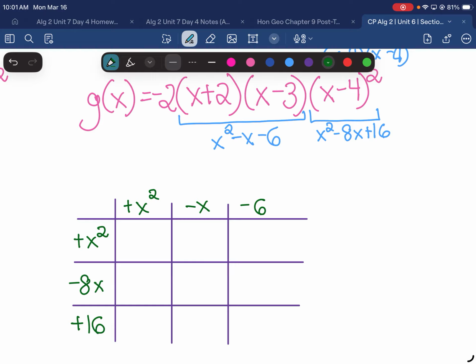You don't have to use the rectangle, but with a trinomial times a trinomial, it might be a better way for you to organize your thoughts. So remember, we're just multiplying columns and the rows and putting the product in each of those boxes.